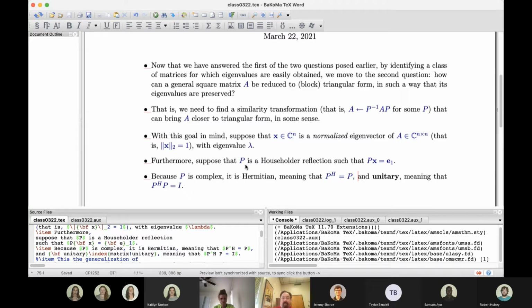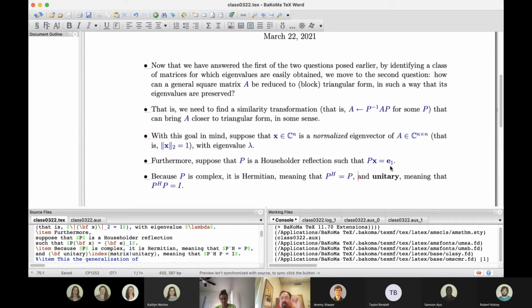Because P is unitary, if I apply P to any vector, the result will have the same magnitude, the same 2 norm. So x is already assumed to be a unit vector, so for any unit vector here, I can come up with a P so that this works.